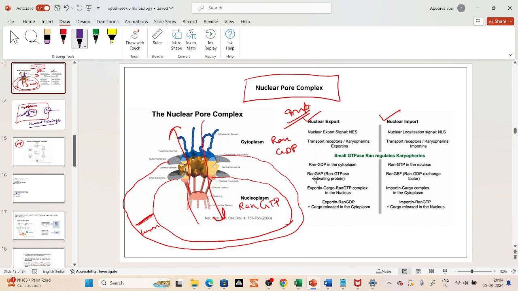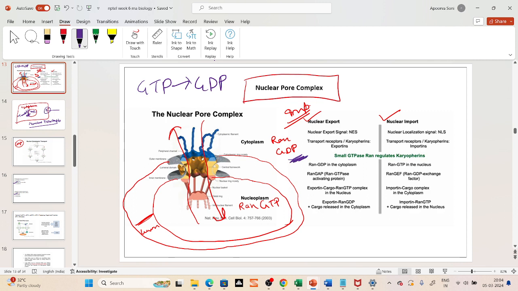You have to understand this. GAP means GTPase activating protein. That means it will activate GTPase, and when this GTPase is activated, GTP is converted into GDP. GTP is converted into GDP because of this GTPase activating protein Ran GAP. Because in the cytoplasm Ran GDP is there because Ran GAP is there.